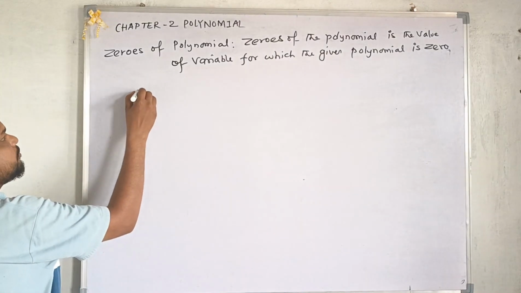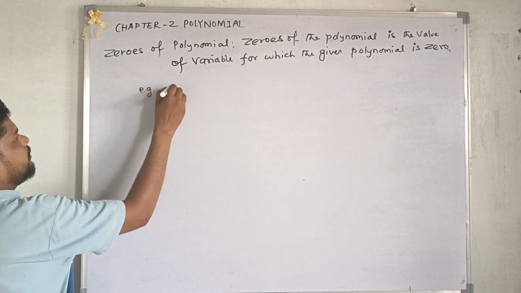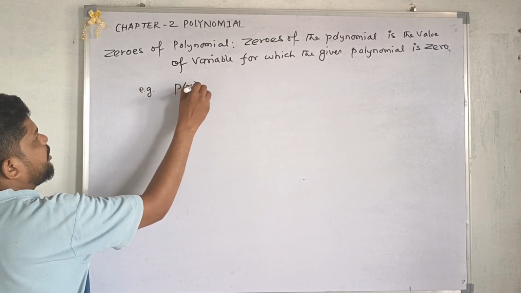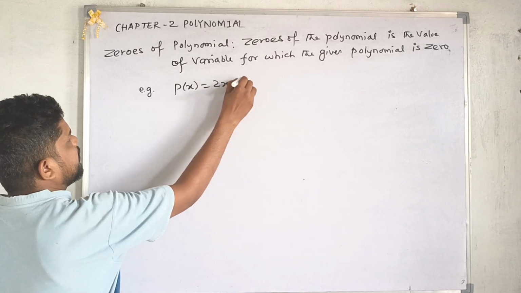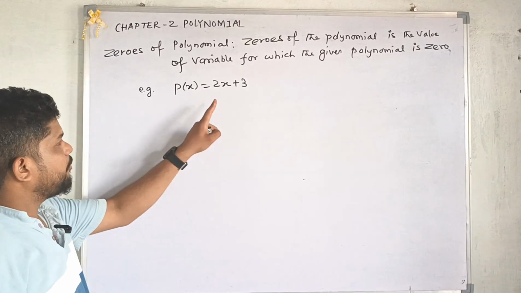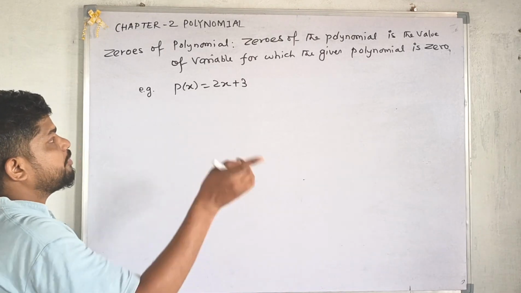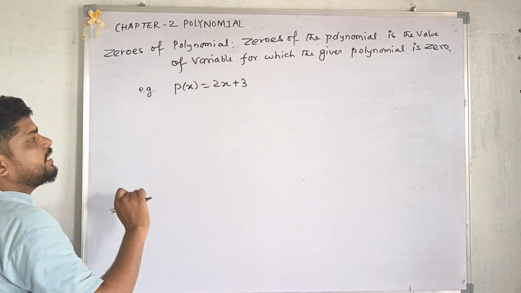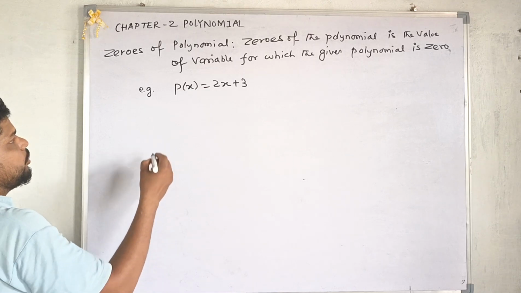For example, p of x is 2x plus 3. This is a linear polynomial. Why? Because the power raised to the variable x is 1, so it is a linear polynomial. Okay, so let us see.